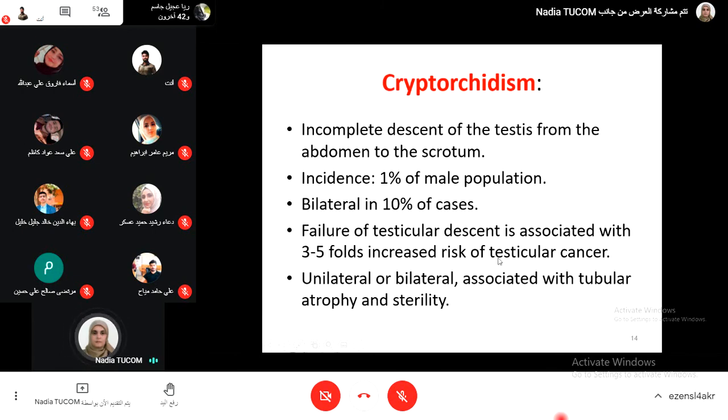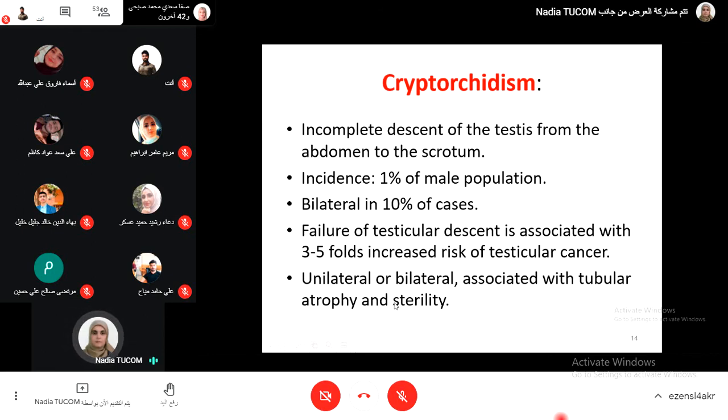The complications of cryptorchidism include infertility, failure of spermatogenesis, and in the future testicular cancer. That is why, if there is no descent, they correct it surgically, because there is an increased risk of cancer with this congenital anomaly, especially seminoma.